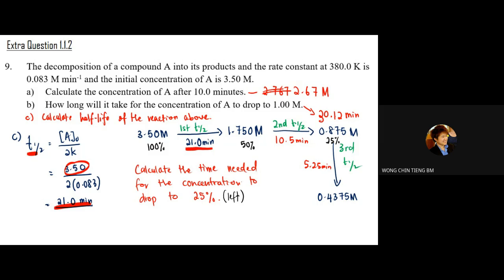Sebab apa 31.5? Plus apa dengan apa? First, second, because you have 100 moving all the way to 25. Perasan? 50% less, 25% less, 12.5% less, semua tu adalah sebenarnya half-life.